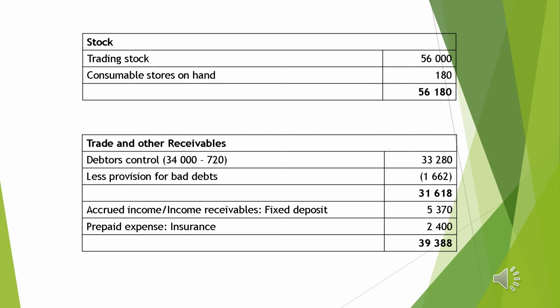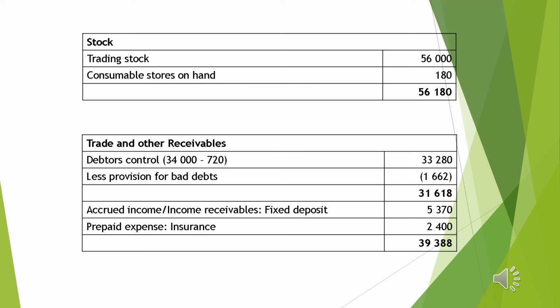It means that we believe some of these debtors are not going to pay us. If they are not going to pay us, we rather reduce the amount of money that we expect to receive.